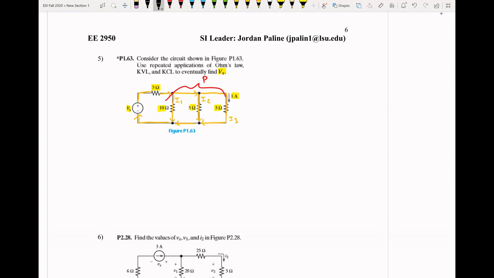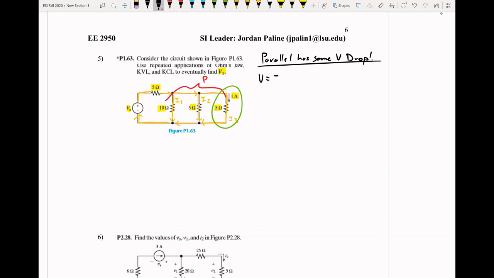So with that knowledge, if we could find the voltage of one branch, we could find the voltage of the R parallel. Well, it just so happens that we have all the information we need to find that.